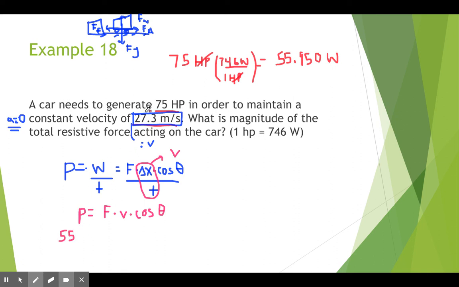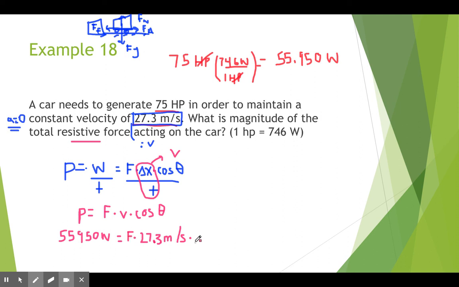So you know that the power generated needs to be 55,950 watts. That'll be equal to force times this velocity, which is 27.3 meters per second, times the cosine. Okay, if we're talking about resistive, it's going to be 180, which is going to give us a -1.